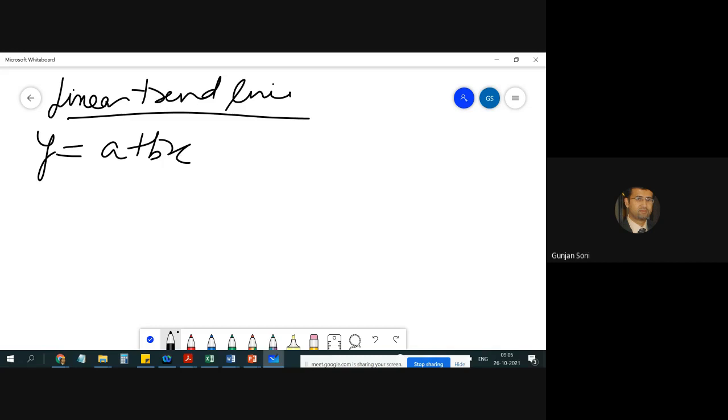I think all of you know what this equation is. This is your linear equation where A is the intercept and B is the slope. In this case, we say X is the time period, and Y is the corresponding forecast for that period.